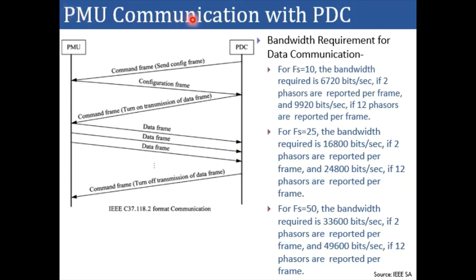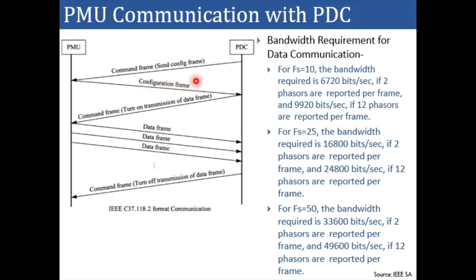Now, how does it communicate with the phasor data concentrator? First, handshaking happens between PDC and PMU. PDC first sends a command frame which asks for configuration information from the PMU.